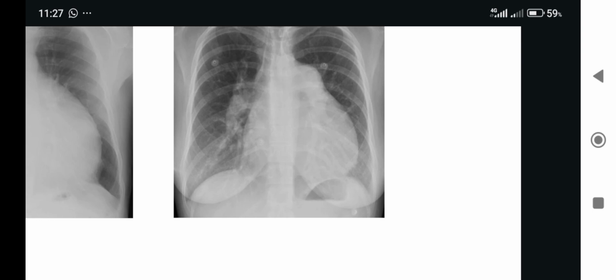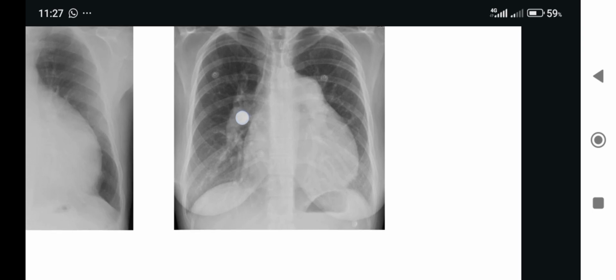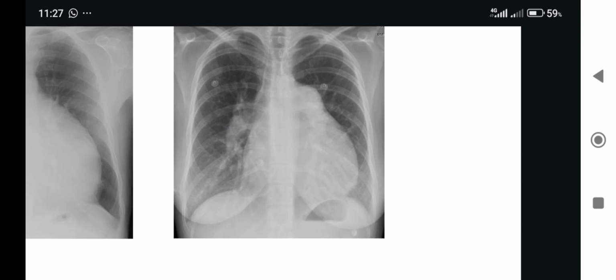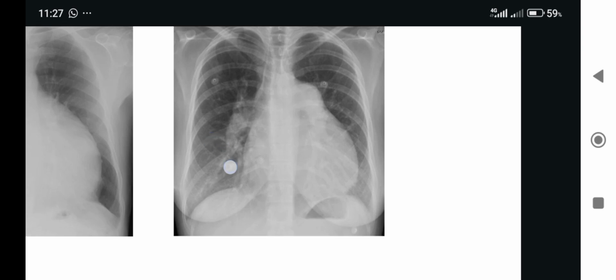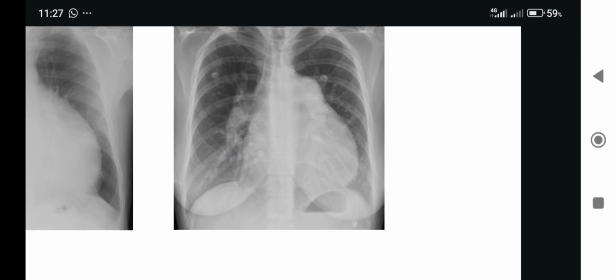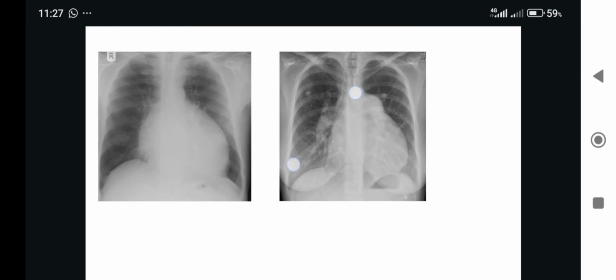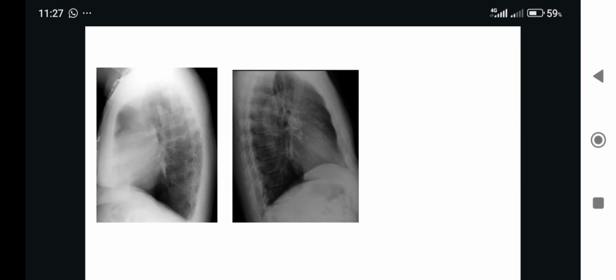So you see the hilum is enlarged and prominent. The vessels are prominent, compared to these ones where you can't even appreciate the vessels very well. So this helps to differentiate pericardial effusion and cardiomegaly.